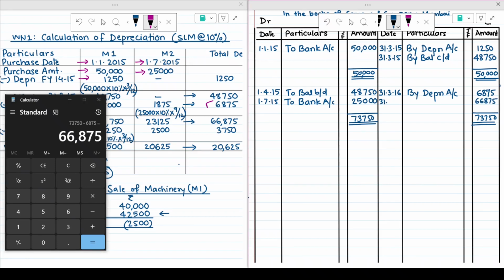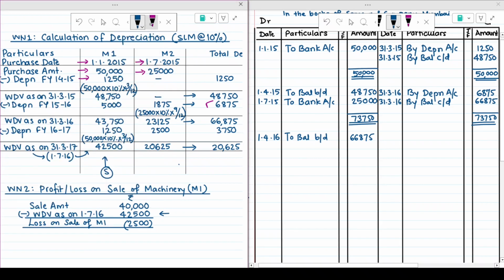So the balancing figure by balance closed down is 66,875, and we will carry this amount forward in the next year, 1st April 2016, to balance brought down 66,875, and this amount tallies with our working. So second year entries are done.